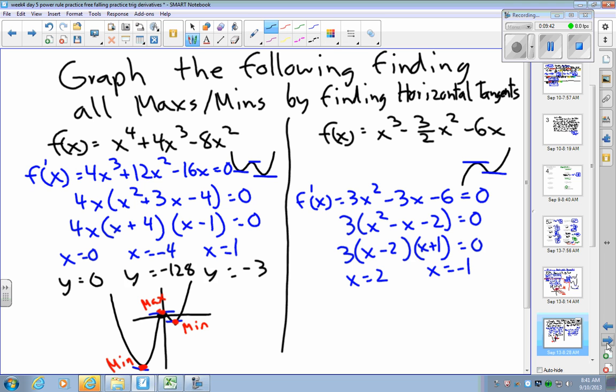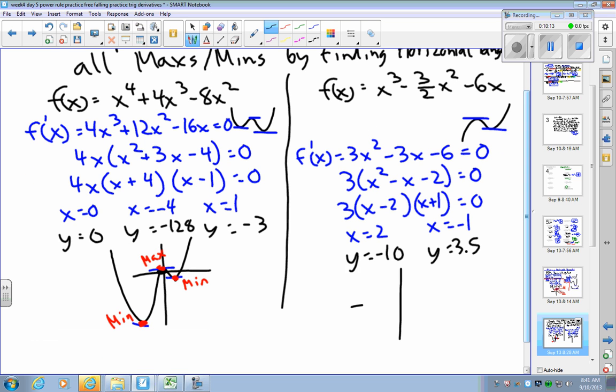When I want to plug in, I plug 2 into the top, so 2 cubed minus that, minus 12. I get negative 10 there, and plugging negative 1 into the x for the black equation, I got 3.5.